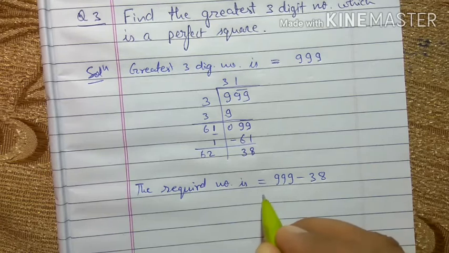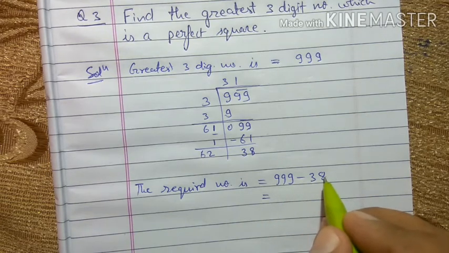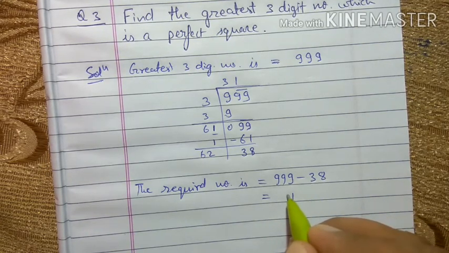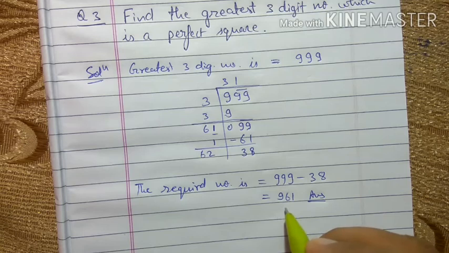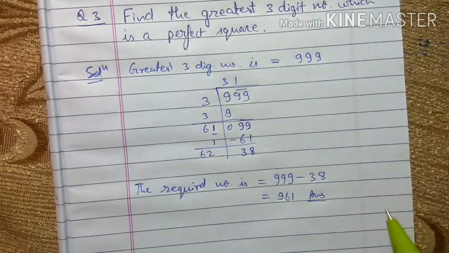So do the subtraction and we'll get 9 minus 8 is 1, 9 minus 3 is 6, and 9. 961 is the answer. And this is the square of 31. So the right answer is 961.